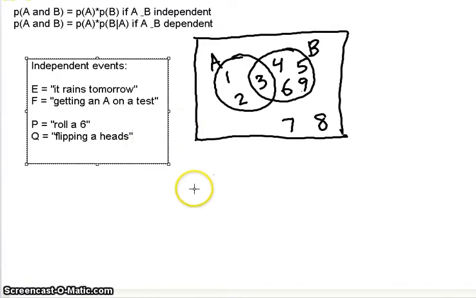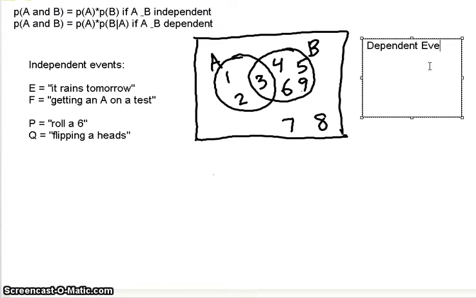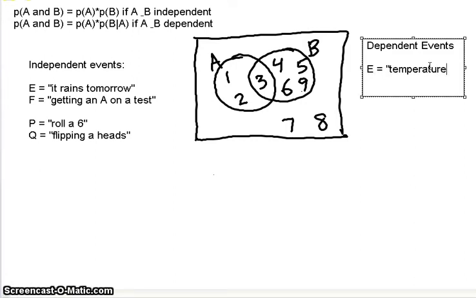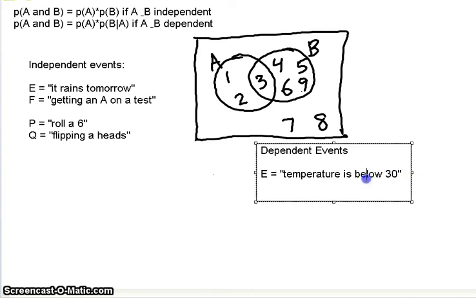Whereas dependent events are events that are not independent. Say E is temperature is below 30, and event F is it snows.